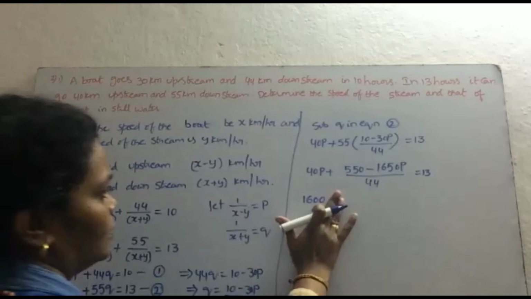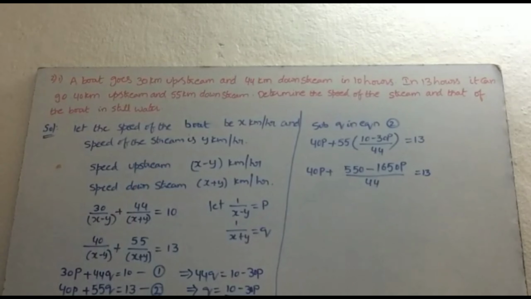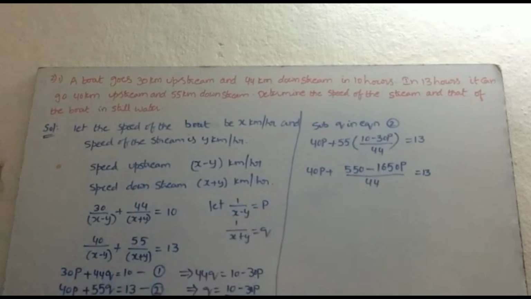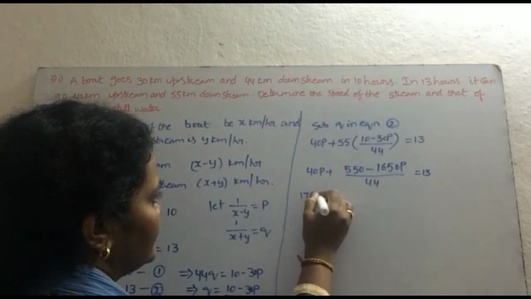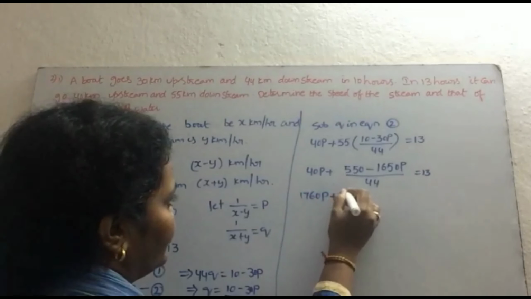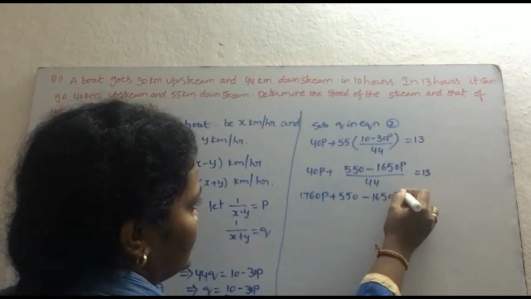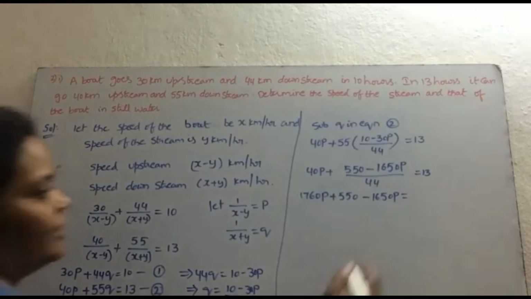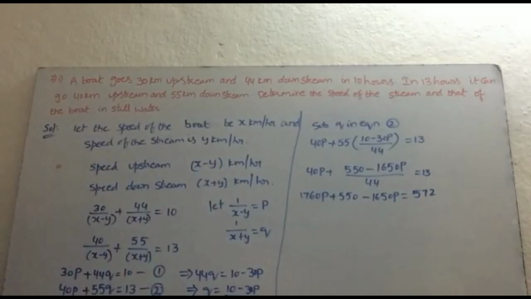So 40p, 40 into 44, 1760p, 1760p plus 550 minus 1650p is equal to 44 into 13. 44 into 13, 572.